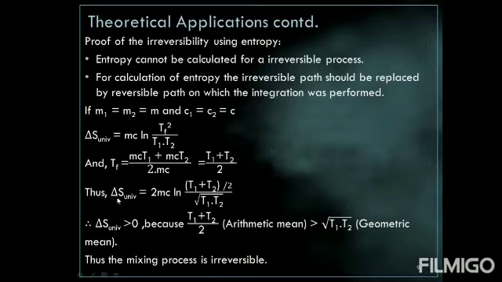This makes delta S universe positive, that is, greater than 0, and thus the mixing process is irreversible. This process might have been reversible if the temperatures T1 and T2 had been equal. But since we are discussing the mixing of two fluids at different temperatures, the process is irreversible.